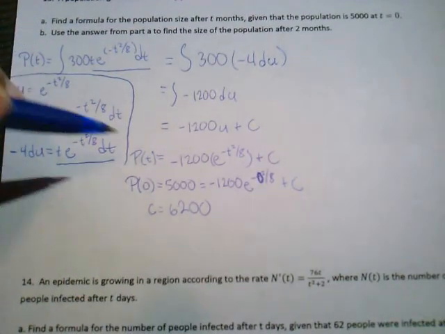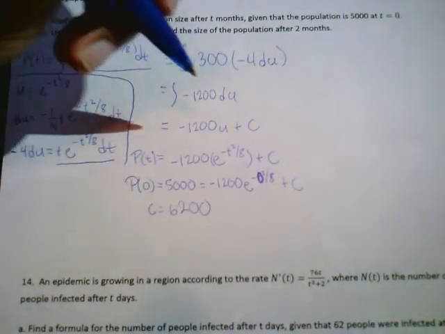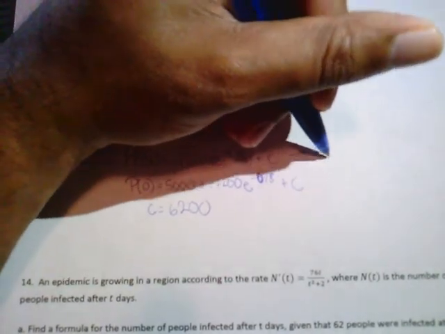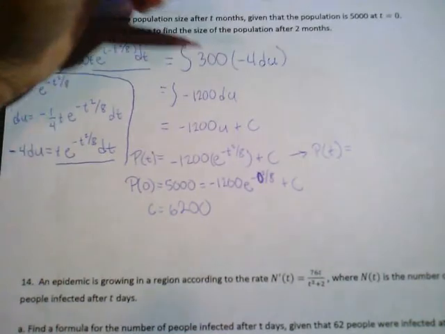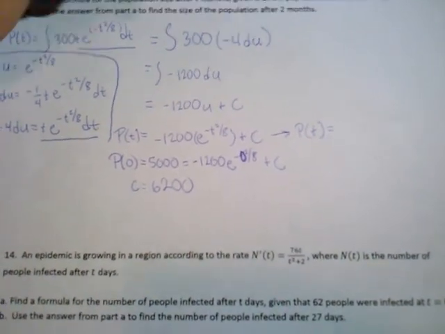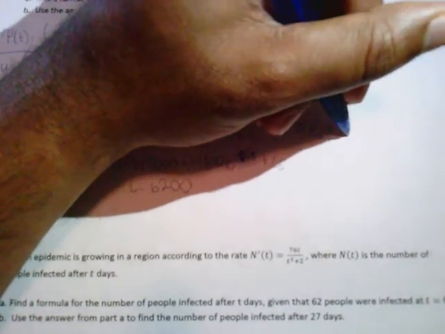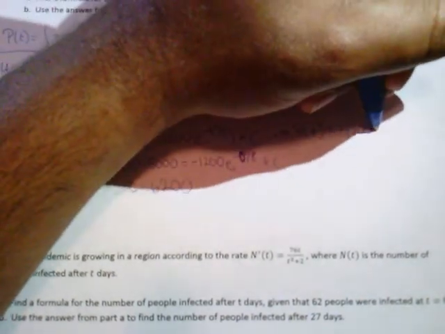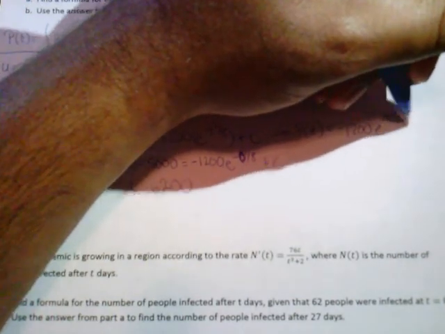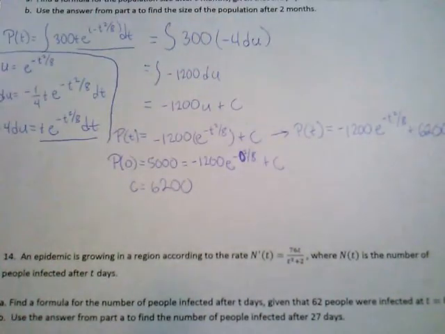Then if c equals 6200, now our actual equation comes from here. So P of t equals, and I'll just write it out, negative 1200 e to the negative t squared over 8 plus 6200.